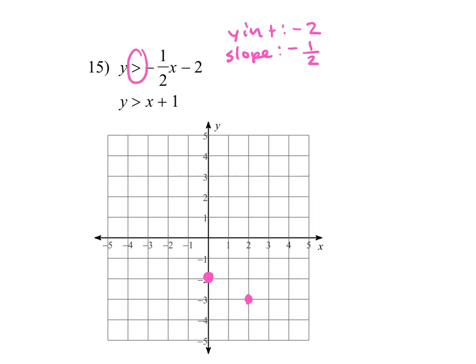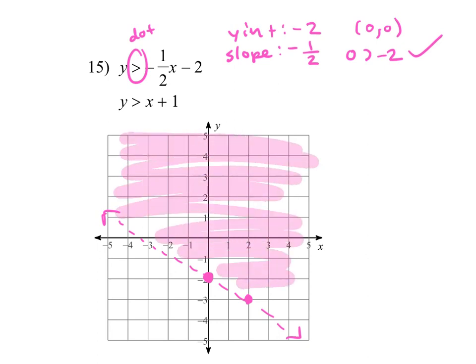Is this a solid line or dotted line? Dotted. So we connect our 2 points with a dotted line. Now we need to test where we shade, so what do we plug in? 0, 0. So 0 is greater than negative 2. Is this true? Yes. So where are we shading? On the right side, so up here.